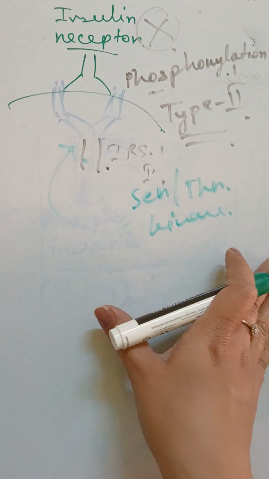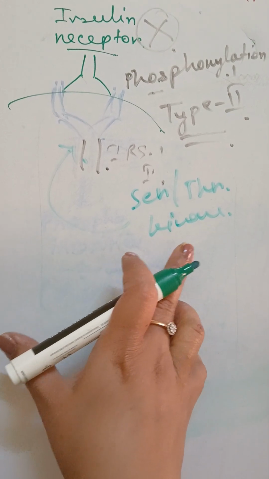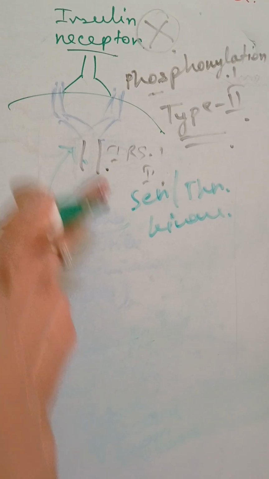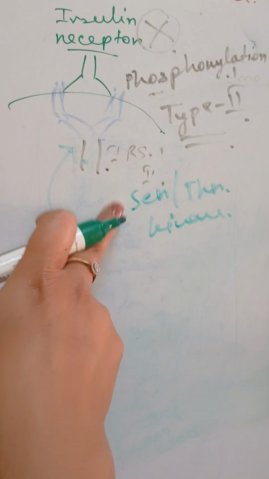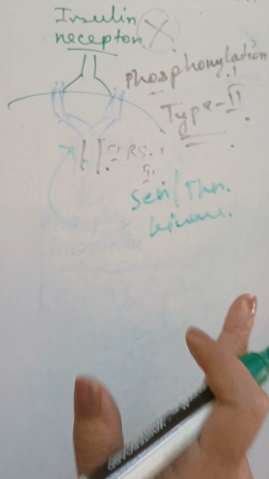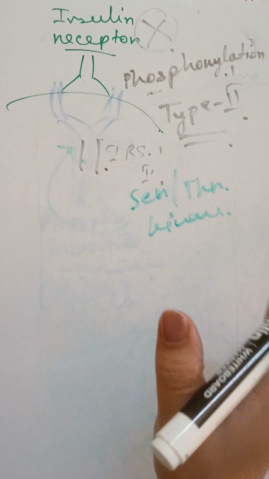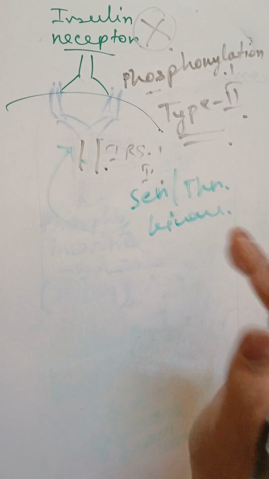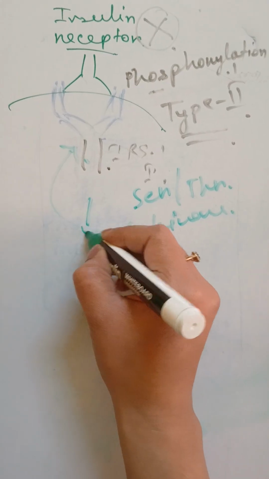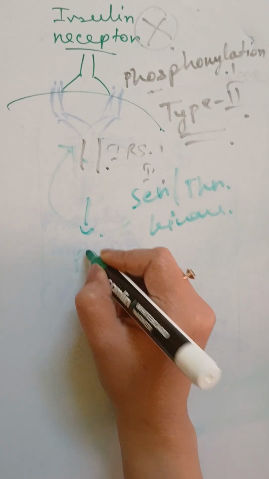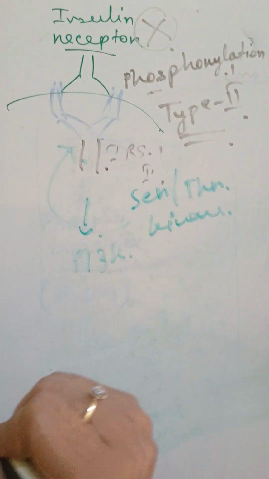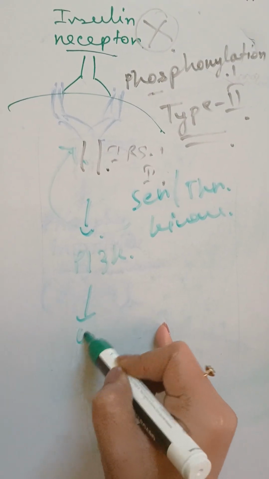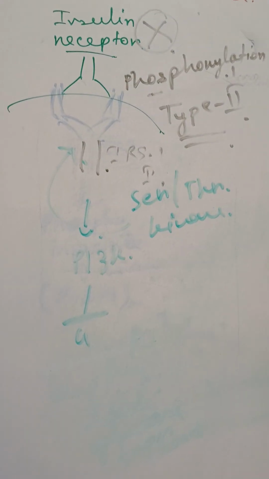But in type 2 diabetes, another kinase protein, serine threonine kinase, in place of the insulin receptor, binds and phosphorylates the IRS, not at the conventional tyrosine but at the serine threonine residues, which in turn cannot communicate with PI3 kinase, and in turn cannot translocate the GLUT4 receptor.